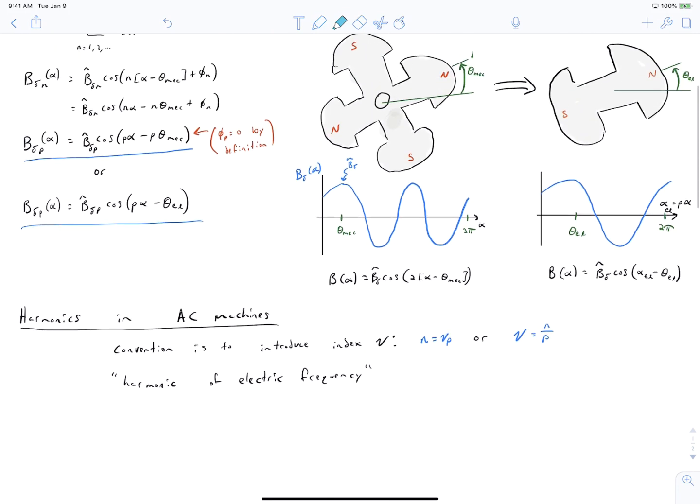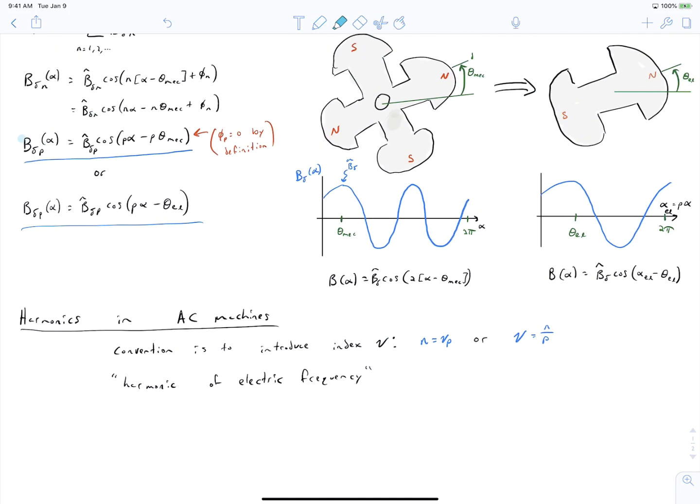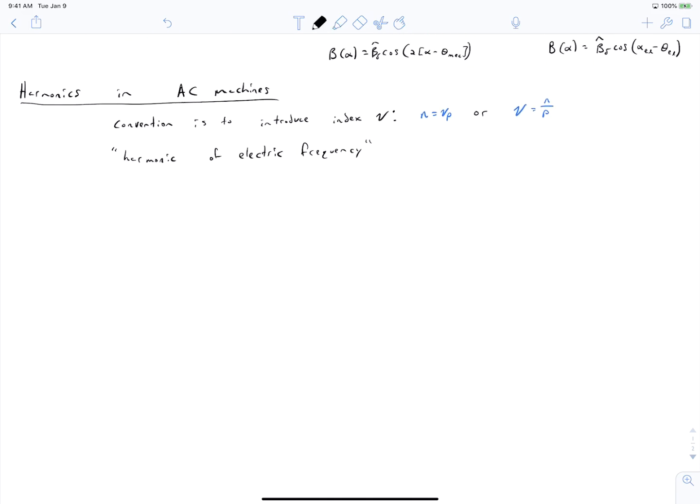And remember, we just showed up here that the fundamental component in our air gap, the magnetic field that occurs at the frequency of our number of poles, is at harmonic index n equals p. So we redefine this in terms of variable v to be equal to 1. So when n is equal to p, v is equal to 1. We can see that from this expression. And so when you look at literature on machines, when you read this textbook, oftentimes everything will be referenced to the number of pole pairs.